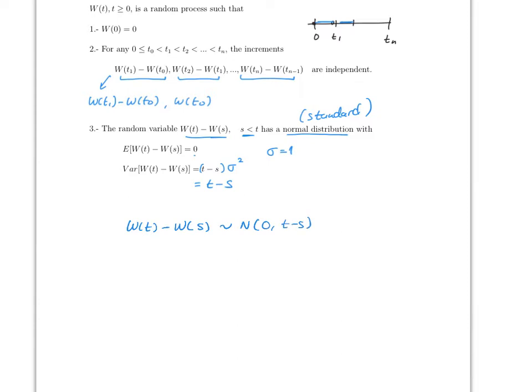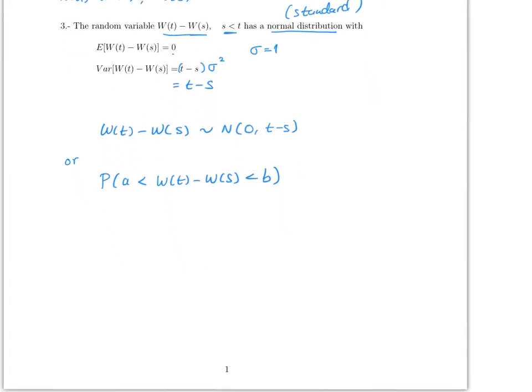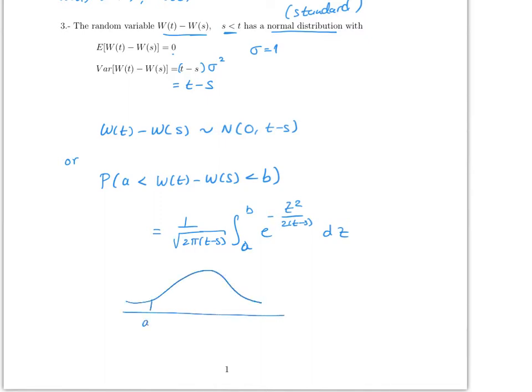variance t minus s. Or probabilistically speaking, and again this is not new, the probability that a is less than Wt minus Ws, and this is less than b, is equal to the integral from a to b of 1 over the square root of 2π(t minus s) times e to the minus z squared over 2(t minus s) dz, which is just the area between a and b.